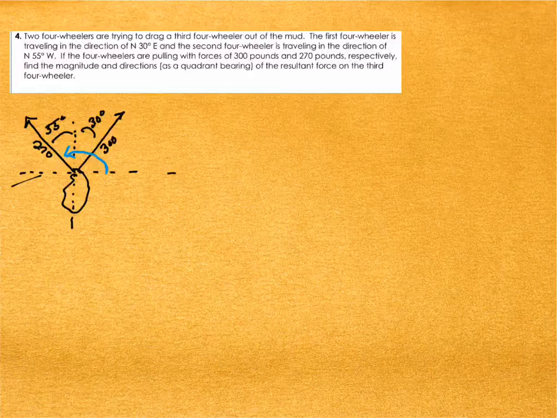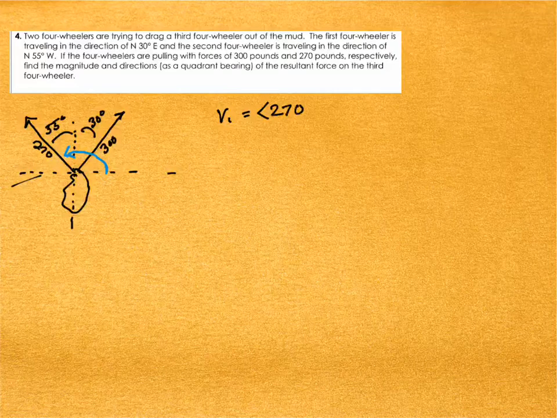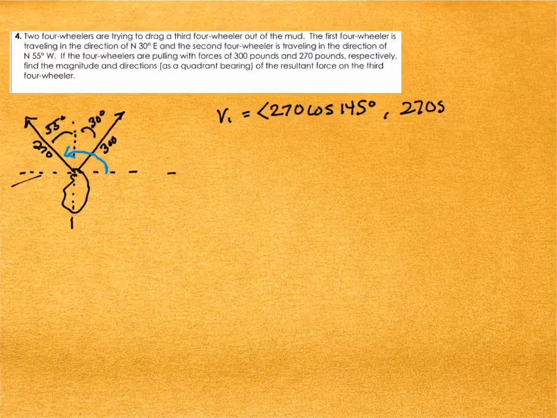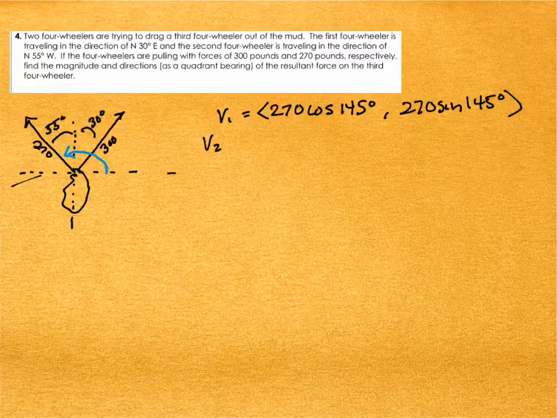Yeah, so we'll call that V1, is 270 cosine 145 and 270 sine 145. And V2 would be 60, right?